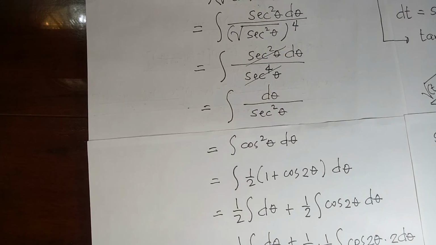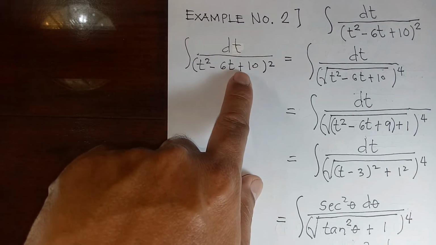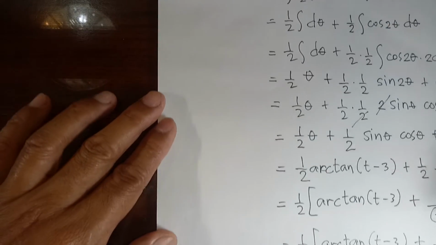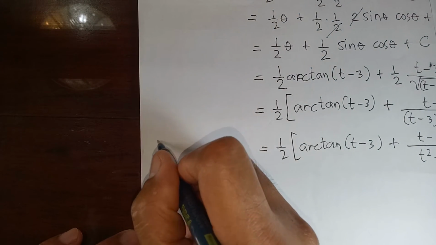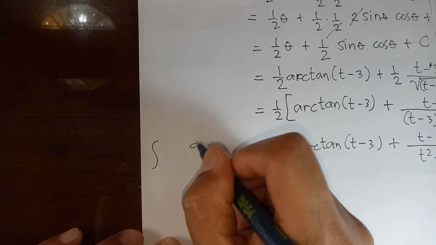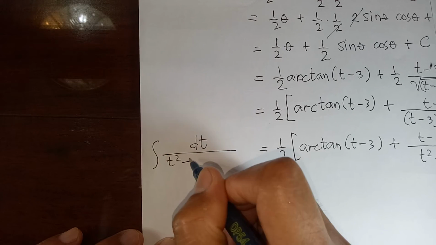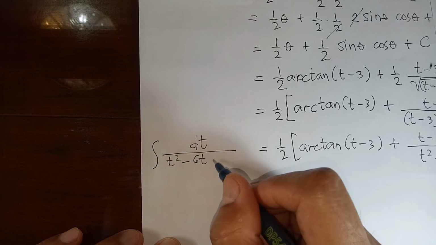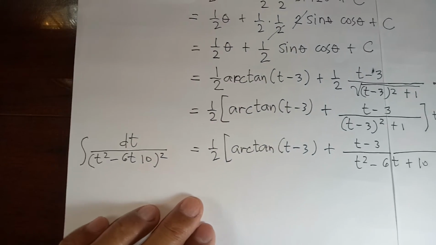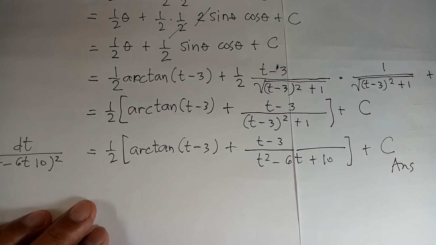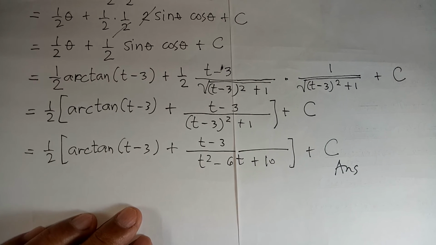So, yung ating problem, integral of dt divided by (t squared minus 6t plus 10) quantity squared, equals 1/2 arctangent of t minus 3 plus (t minus 3) divided by (t squared minus 6t plus 10), plus c.